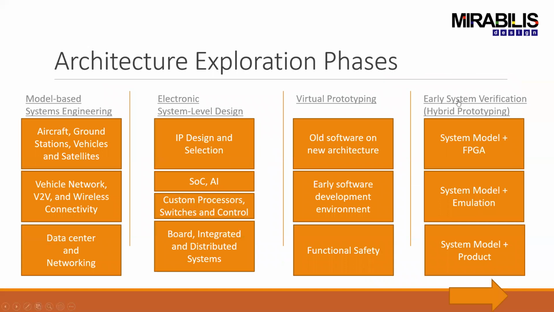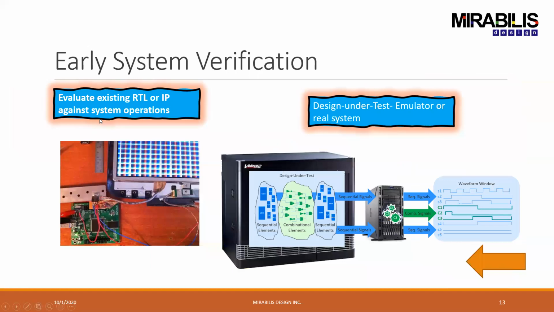And of course, the last stage is what they call the hybrid prototyping, which is really about taking existing IP or RTL and connecting it onto a board or providing a design under test. So a major portion is on the hardware system, which is an emulator, for example, while your test environment, which can be a network or it can be the other boards on the system, are on the system level modeling environment, which is part of the architecture model.